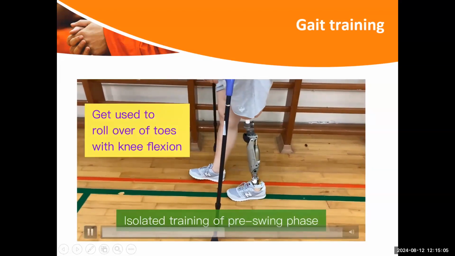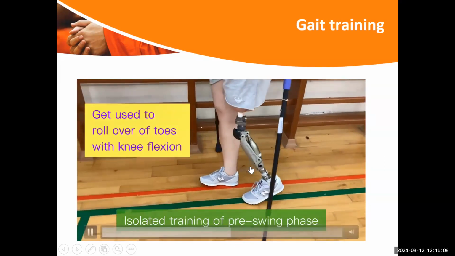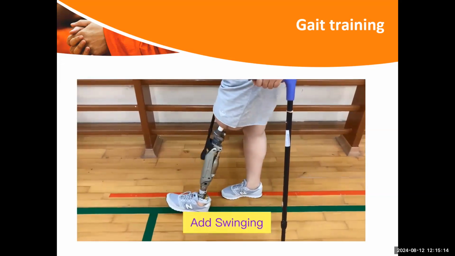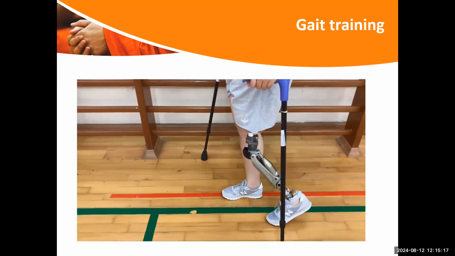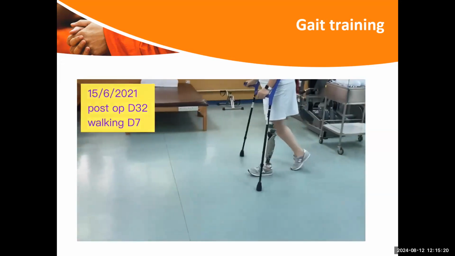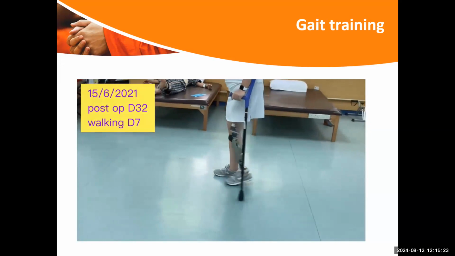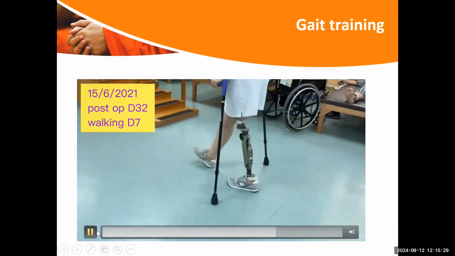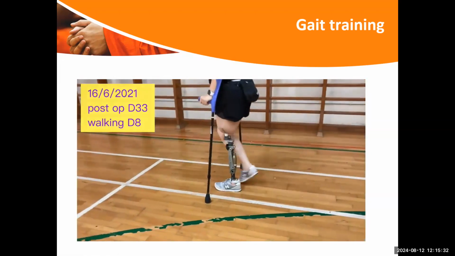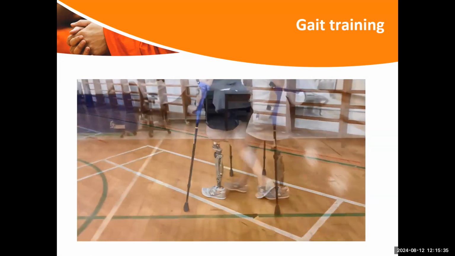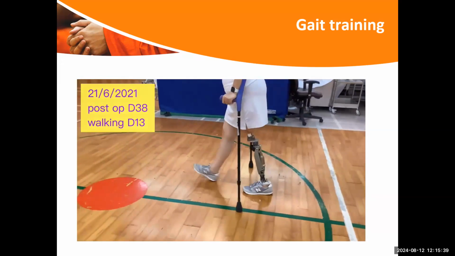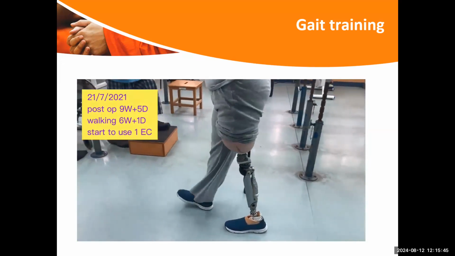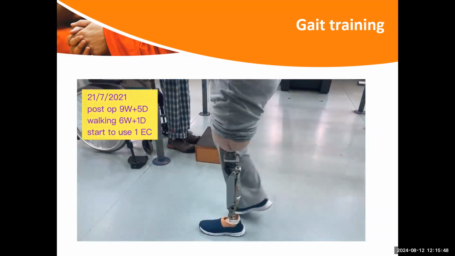So I try to train the knee flexion and toe roll. So I just break the whole motion into different pieces, and then I train and add more components afterwards. So 而家係咪有少少 knee flexion？ 係啦。Then use one elbow crutch.